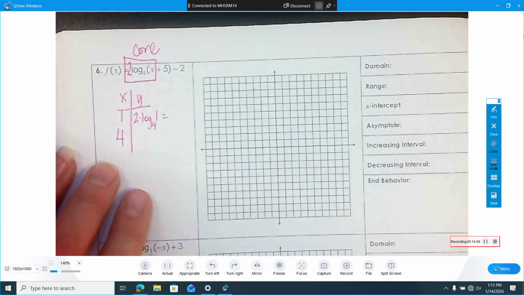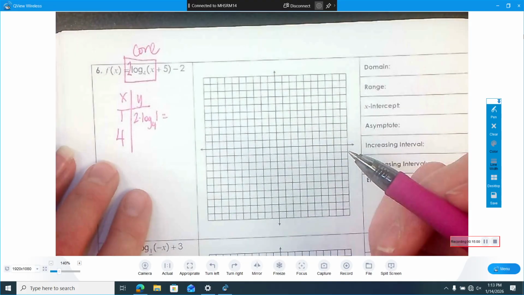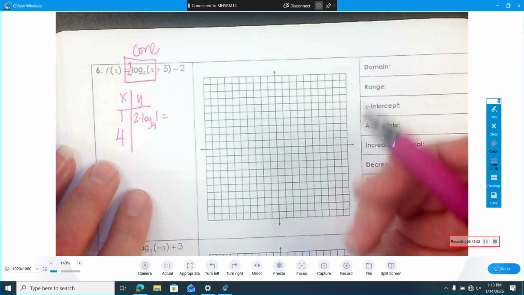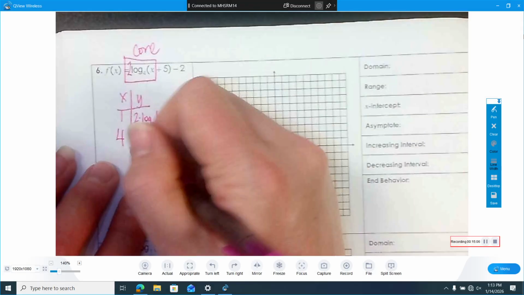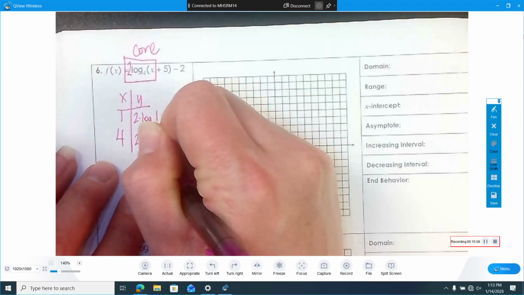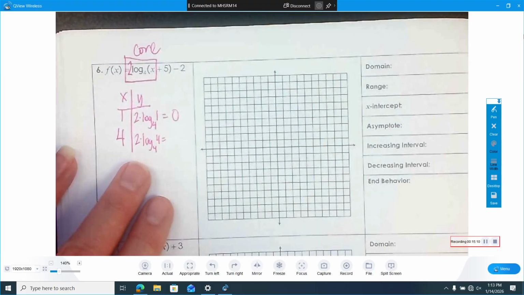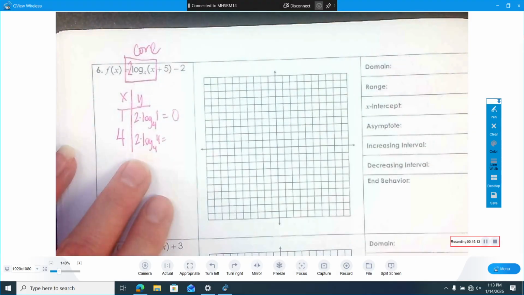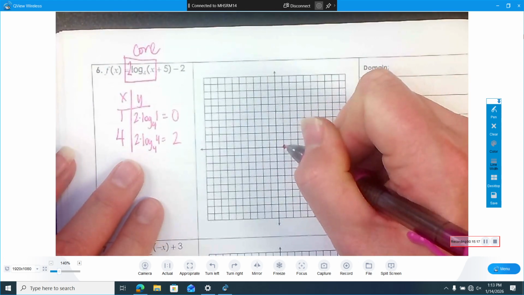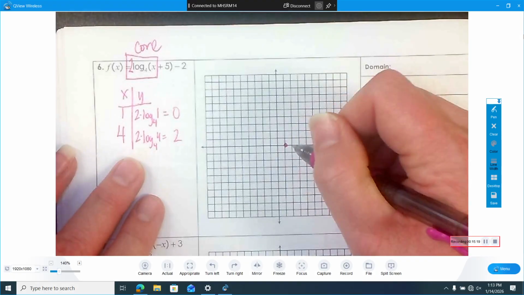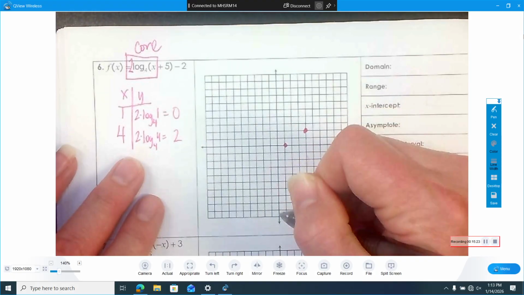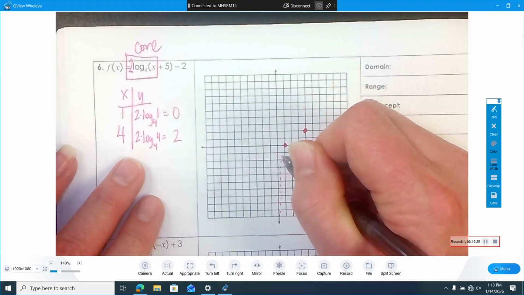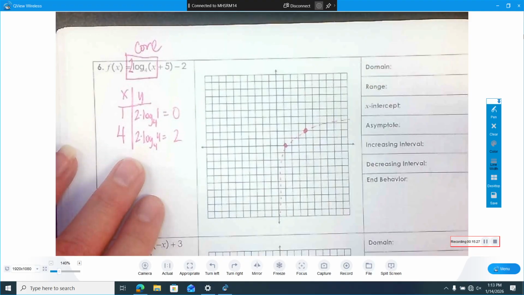What is twice the log of 1? 0. Yeah, the log of 1 is 0. 2 times 0 is 0. And then I have twice log base 4 of 4. Log base 4 of 4 is 1. Times 2 is 2. So we have the ordered pair 1, 0, and then 1, 2, 3, 4, up 2. So here is my slightly taller log ride.